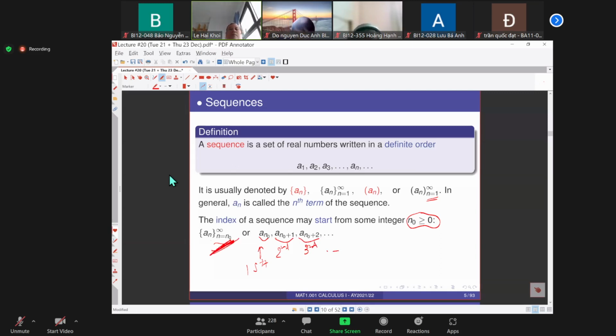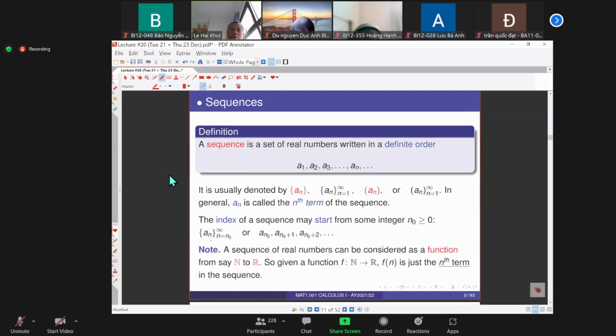Okay. So, yeah. From the point of view of a function, a sequence can be considered as a function defined on natural number. This is the same as f from natural number to the real line.